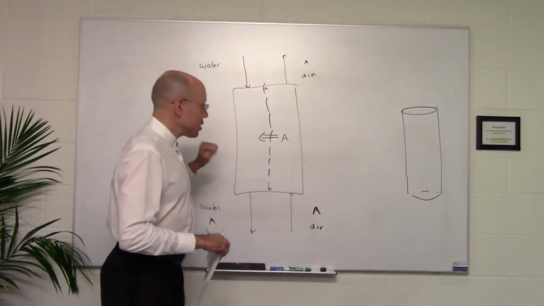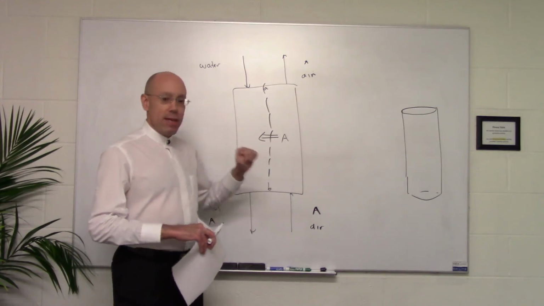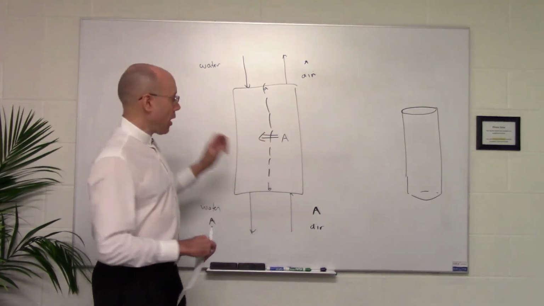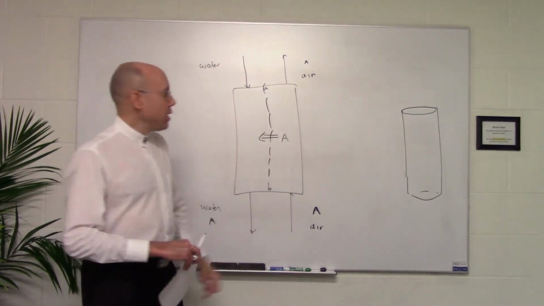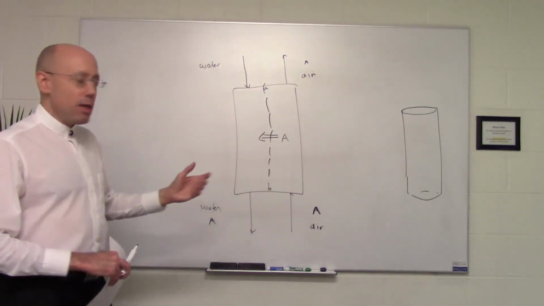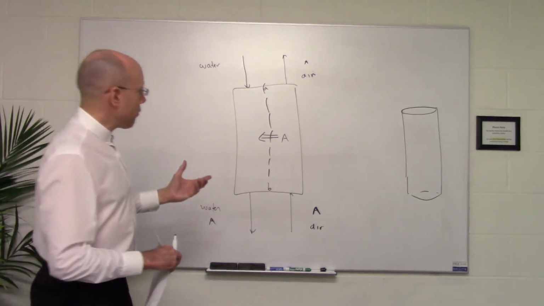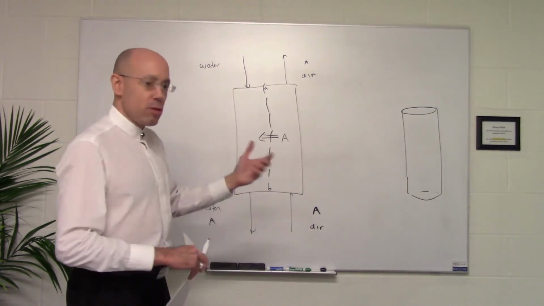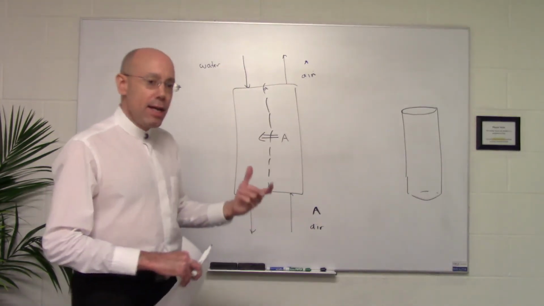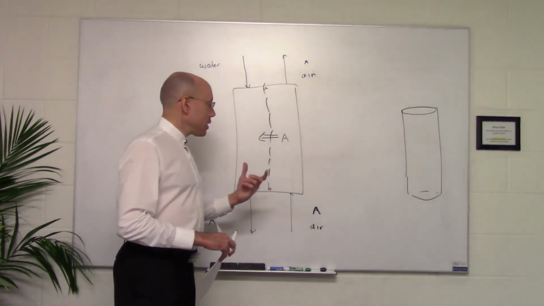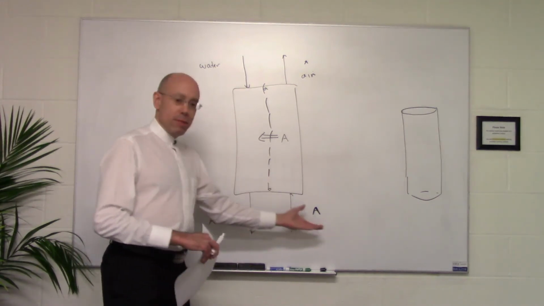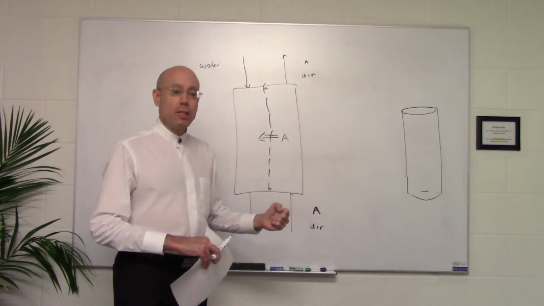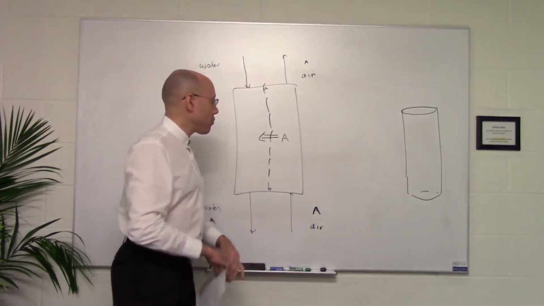So one of the keys to separations is to employ two phases and have some preference of what you're interested in, A, ammonia, or whatever, for one phase relative to the other phase. So in a nutshell, this kind of tells the whole story of how separations work. If you can get a molecule to distribute between two phases, then you've got a shot at separating or getting some of it out of one stream, say an airstream, because two phases generally have very different properties and are easy to just bodily separate one from the other.